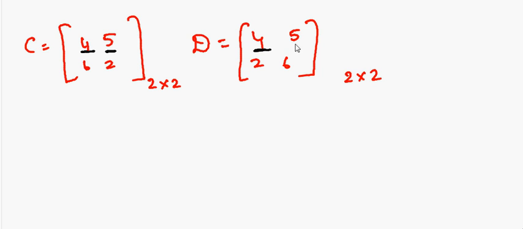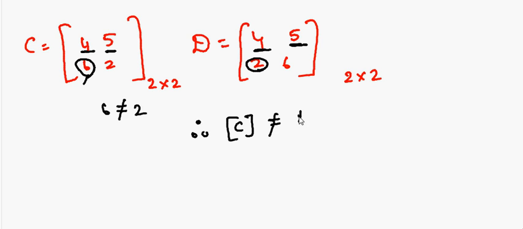First row second element of both matrices is also equal. When you come to the second row first element, it is 6 here and 2 there. So 6 is not equal to 2. Since one of the elements is not equal, I can say matrix C is not equal to matrix D. I hope you are clear.